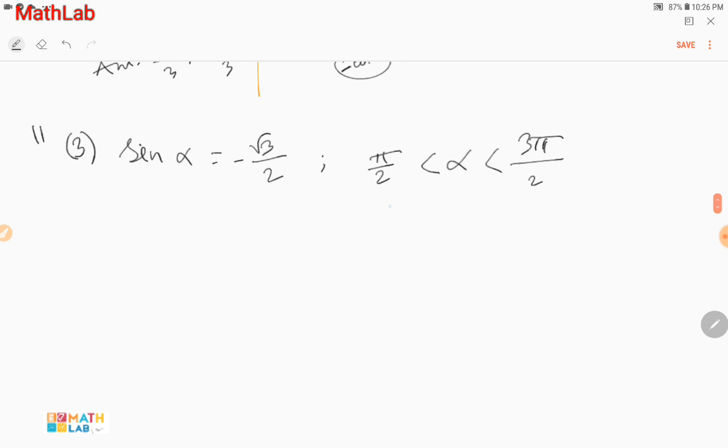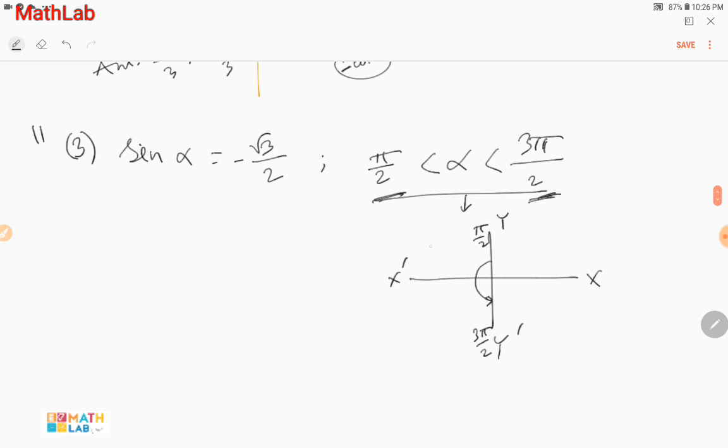Okay, so for this condition we have to draw the quadrant, x prime y prime, that is pi by 2 and that is 3 pi by 2. That means we have to calculate for quadrant 2 and quadrant 3.